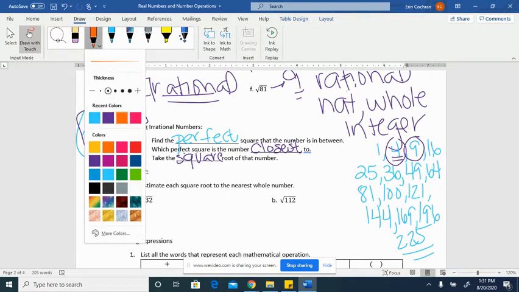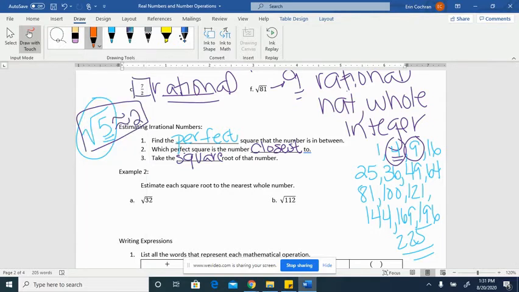All right. 32 is in between what two perfect squares? I'd say it's in between 25 and 36. So now we look at which one it's closer to. Well, 25 to 32 is 7 units. 32 to 36 is 4 units.